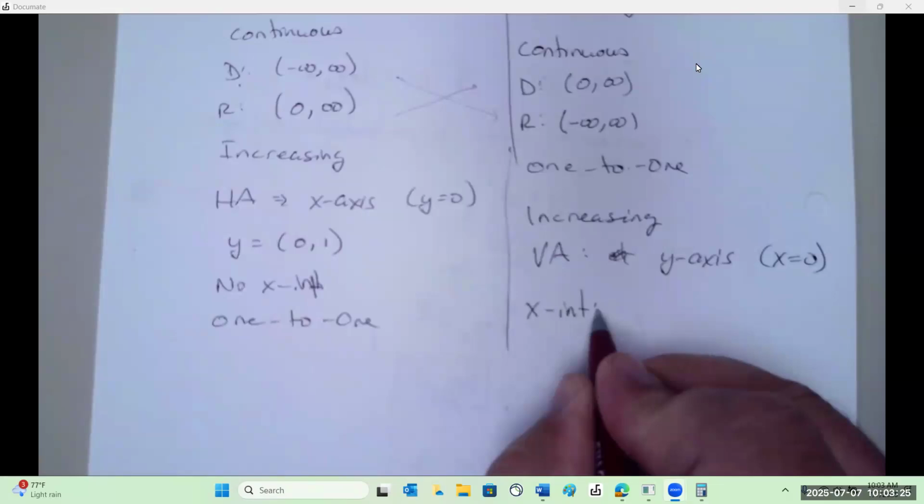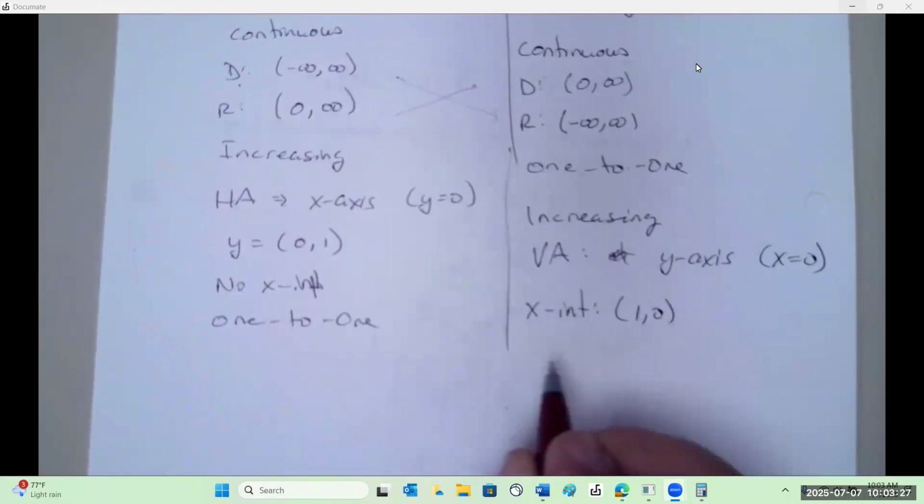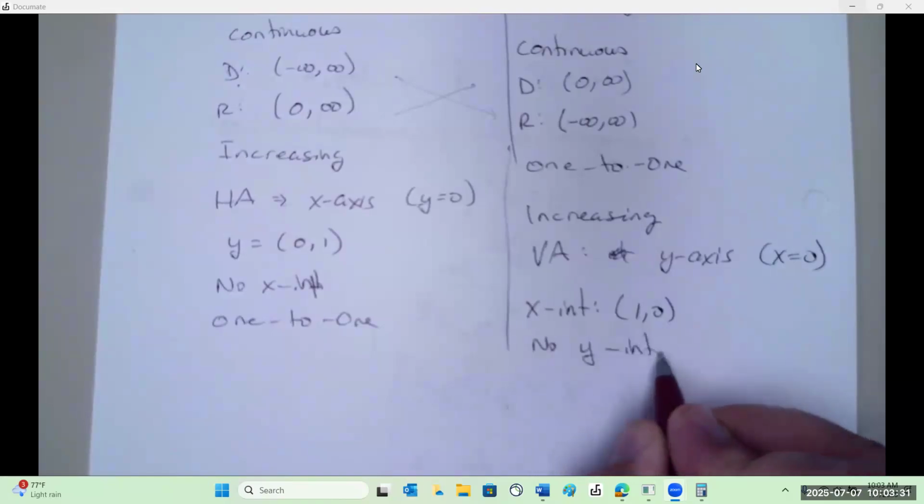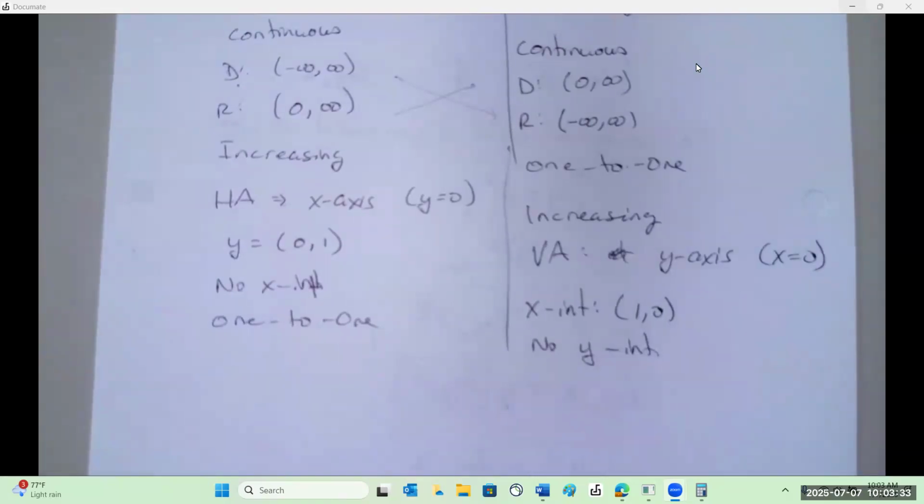The x-intercept is at (1, 0), and it has no y-intercept. So you see how these inverses work? X in one becomes the y in the other, and so on and so forth.